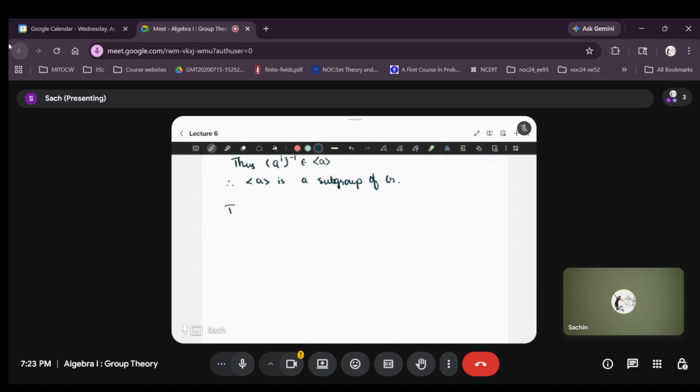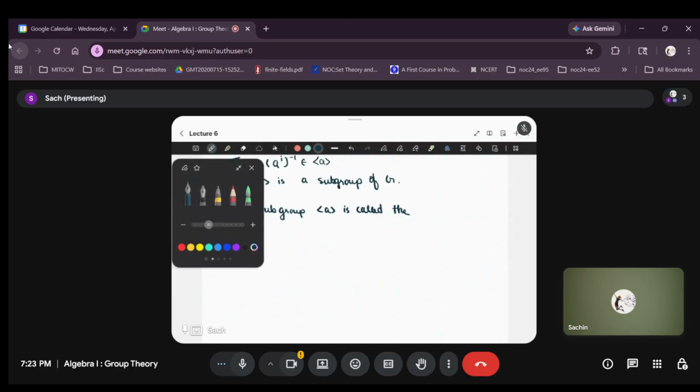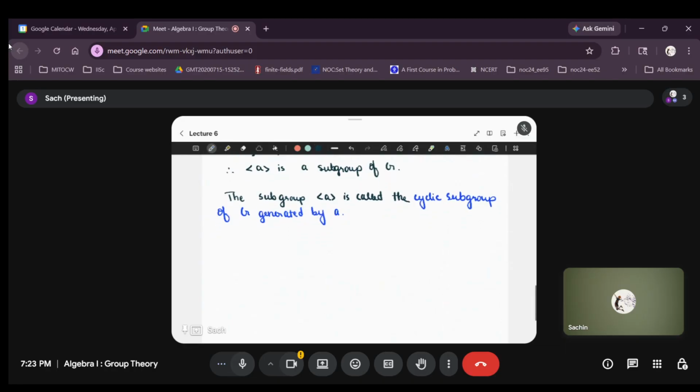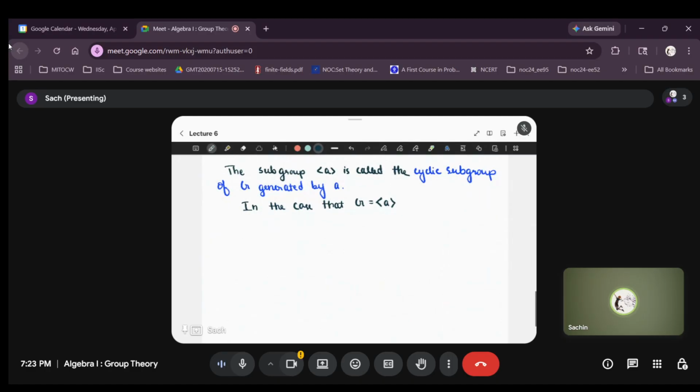For that, we call this subgroup the cyclic subgroup of G generated by A. Also, if it happens that G is equal to the cyclic subgroup generated by A, we say that the group G is cyclic.